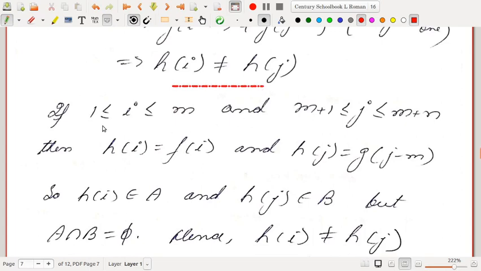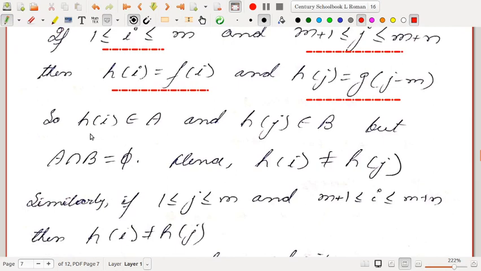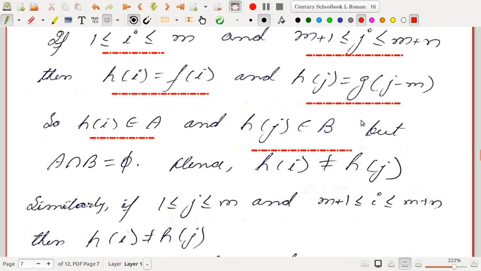Another case that is left is i lies between 1 and m, and j lies between m+1 and m+n. In that case, h(i) is f(i), h(j) is g(j-m). We see that h(i) belongs to A, because f is a function from N_m to A, and h(j) belongs to B because g is a function from N_n to B. But A intersection B is an empty set.